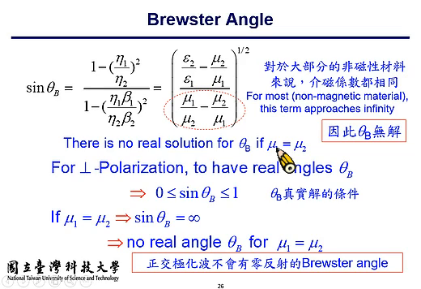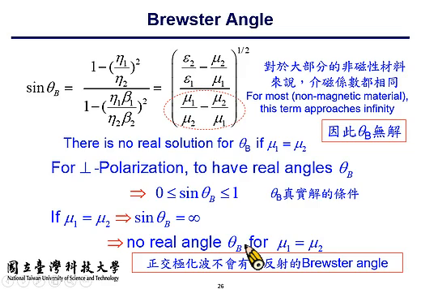So in the general case, for the perpendicularly polarized wave, you don't have a real solution for the Brewster angle, because the sine of a Brewster angle must lie between 0 and 1. If mu 1 equals mu 2, sin theta b equals infinity, so you don't have a real solution angle.